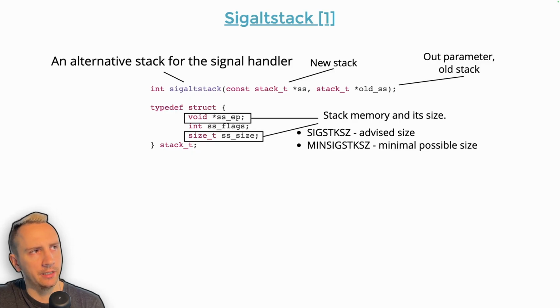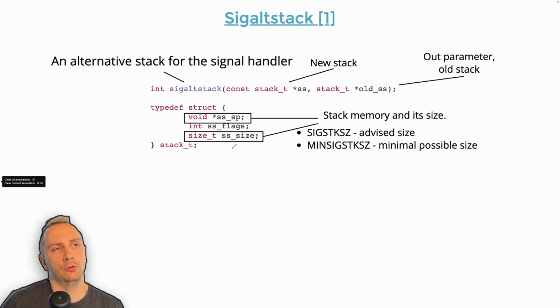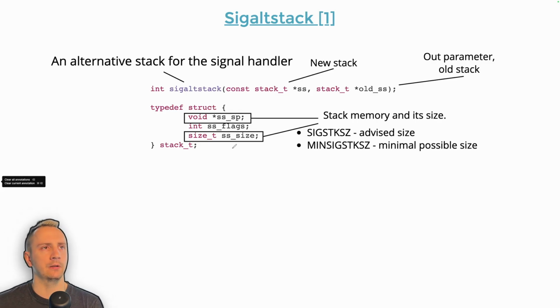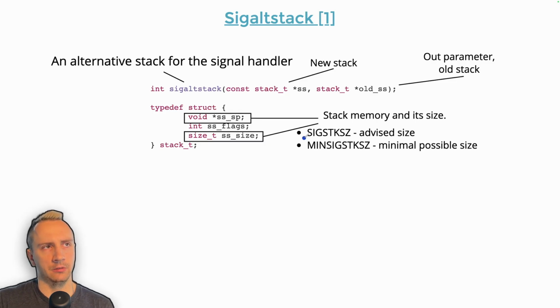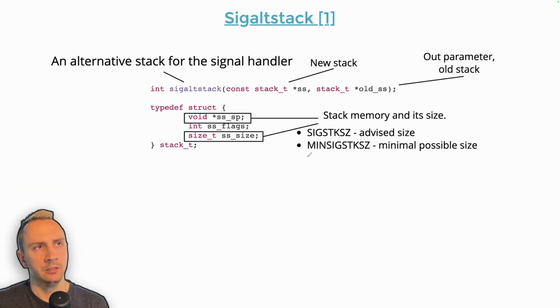As a stack size, it might be challenging to choose the perfect stack size for your use case. You have to try to estimate how much memory you are going to use on this signal stack. But there can also be some helpful constants in the standard library, like sig stack size constant, advised size, whatever it means. You would have to print it to see what it's equal to on your system, and min sig stack size, minimal possible size.